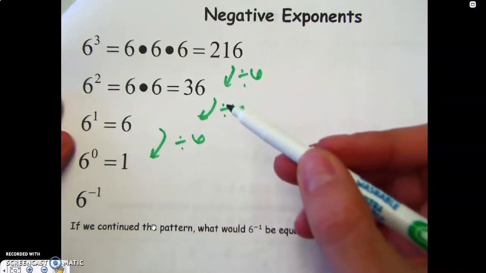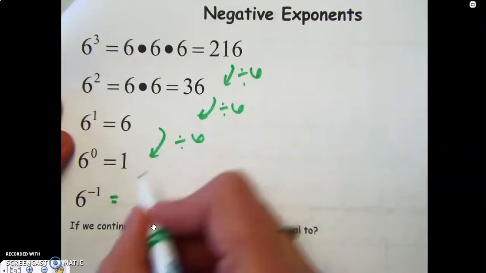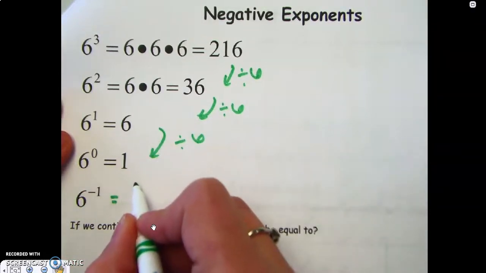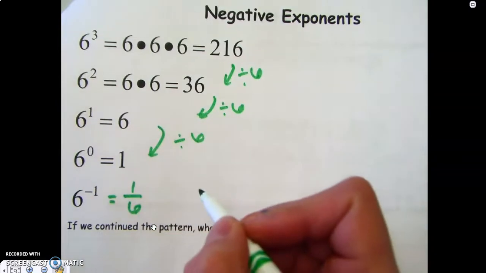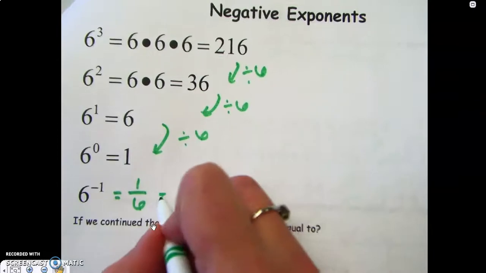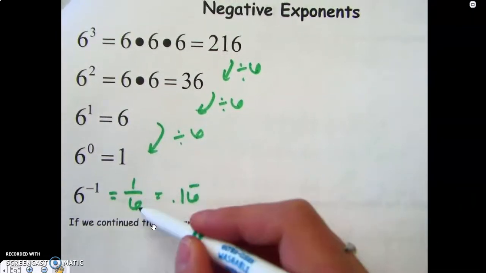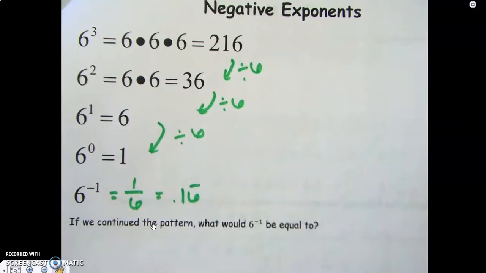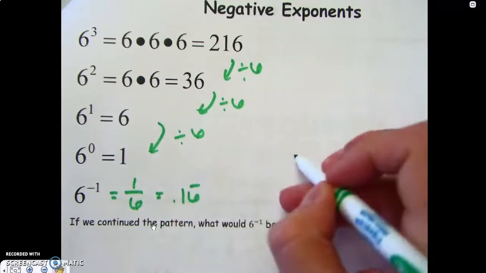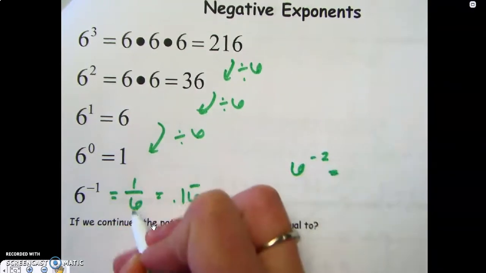But if I do that again, if I continue this pattern to decrease and I get 6 to the negative 1, and I divide by 6, I'd get 1/6 if I kept it as a fraction, right? Or 0.16 repeating, right? So that's kind of interesting. If I divided by 6 again, maybe to figure out what 6 to the negative 2 was, I would divide by 6 again.